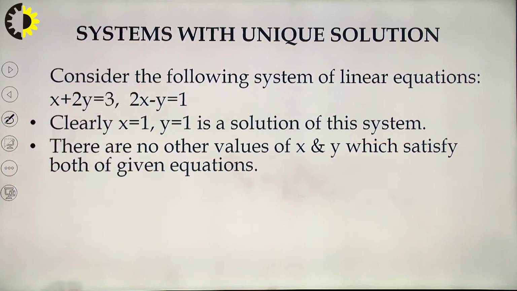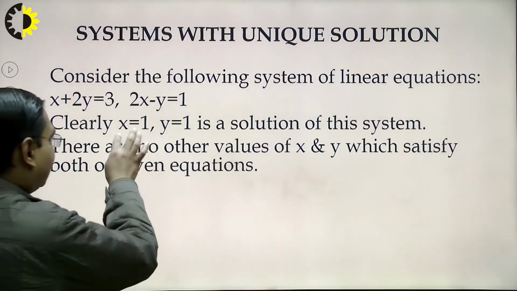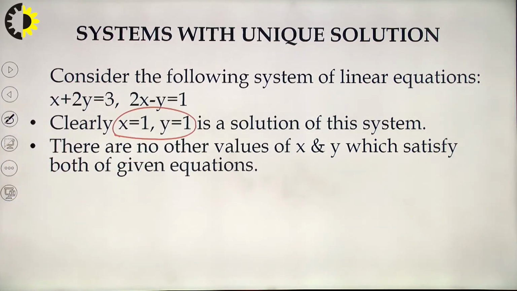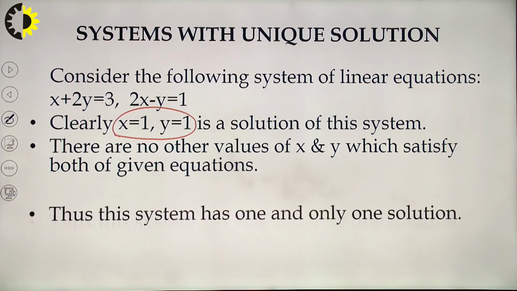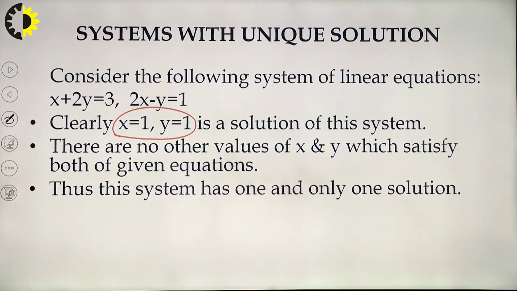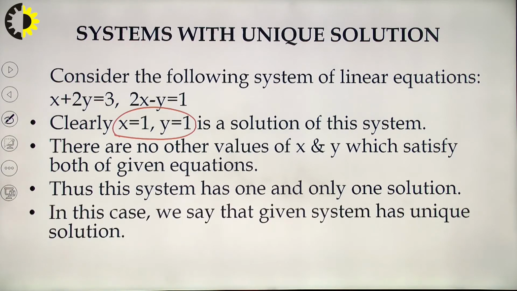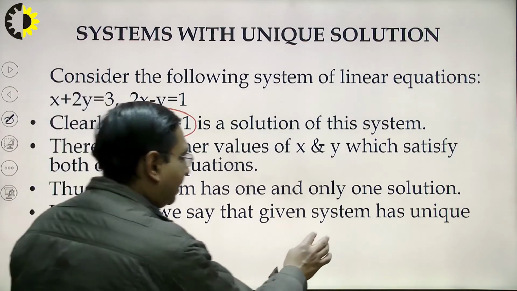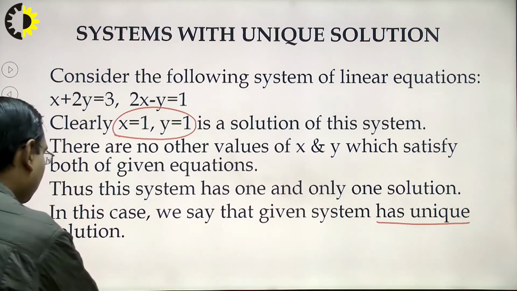Thus, this system has no solution other than x equals 1, y equals 1. Systems which have one and only one solution are said to have a unique solution. Thus, in this case we say that the given system has a unique solution.